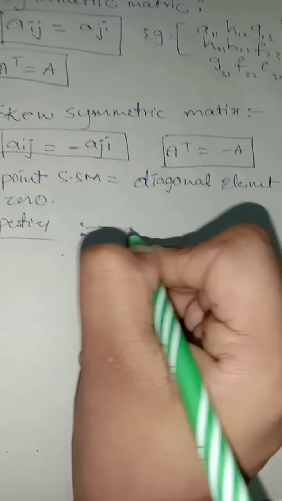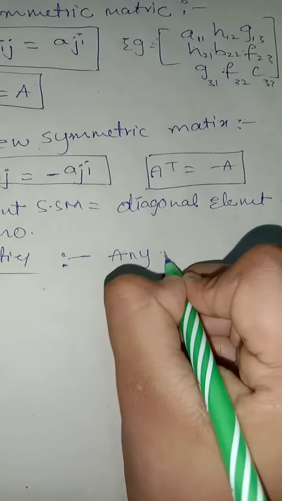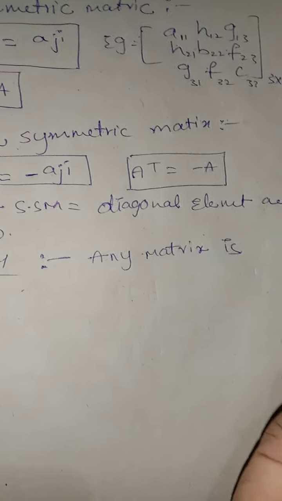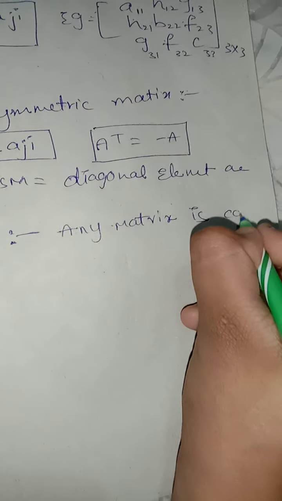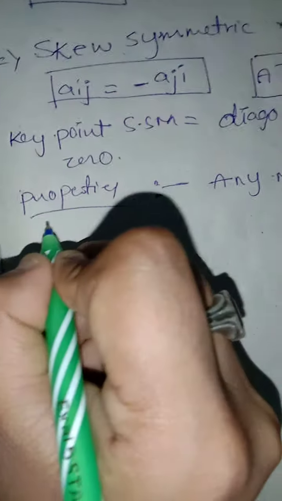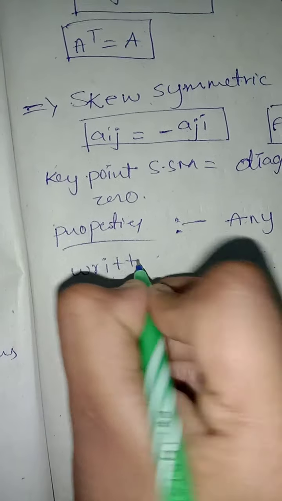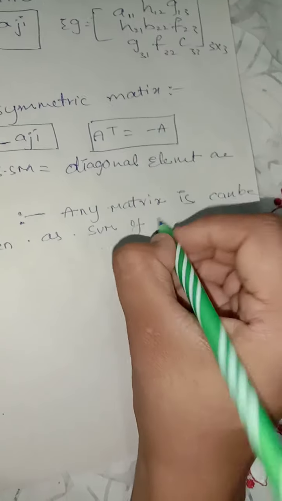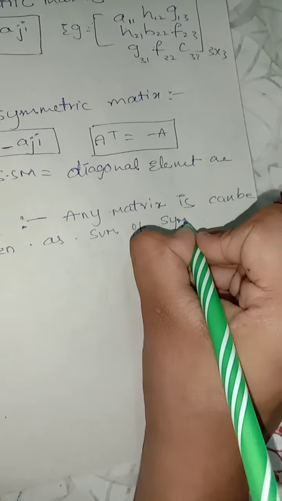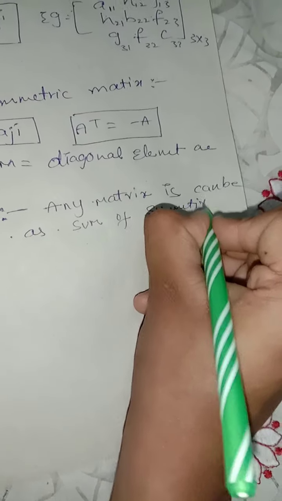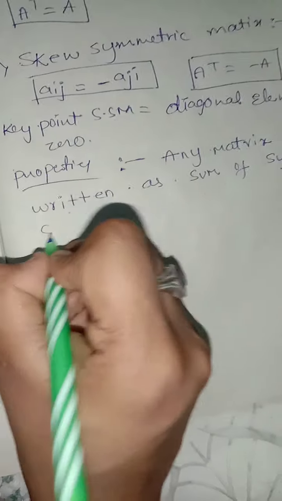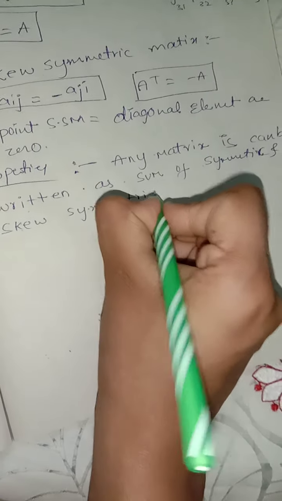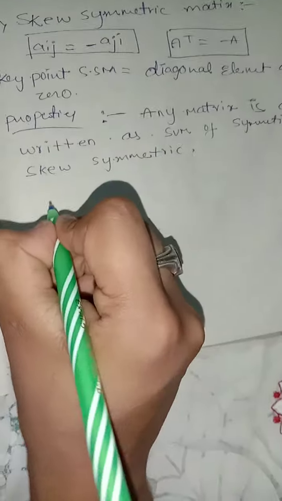Any matrix can be written as the sum of a symmetric and a skew symmetric matrix.